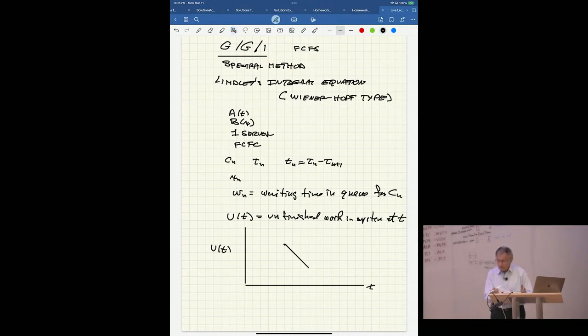But what can happen? What can happen? Excuse me? A new arrival, right. So let's put in such a new arrival, say here. At that point, what happens to the unfinished work? It jumps up by how much? How much work that customer brings in, and how much work does he bring in?